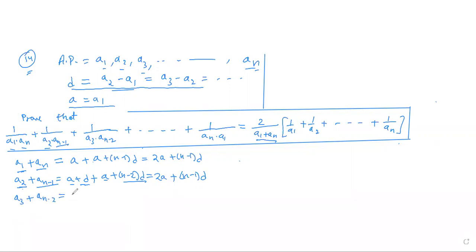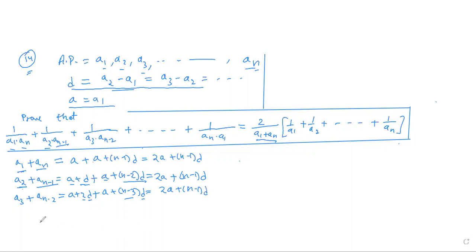A3 is A plus 2D, and An minus 2 means A plus n minus 3 into D. So it is 2A plus, taking D common, 2 plus n minus 3 remains inside the bracket. 2 plus n minus 3 is n minus 1 again.